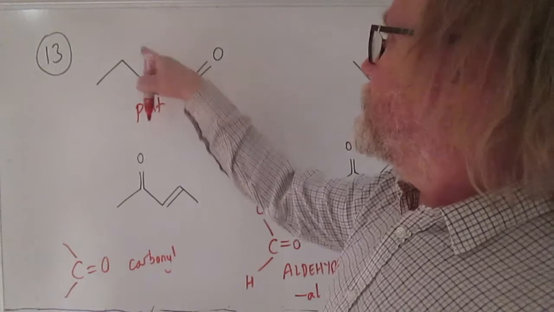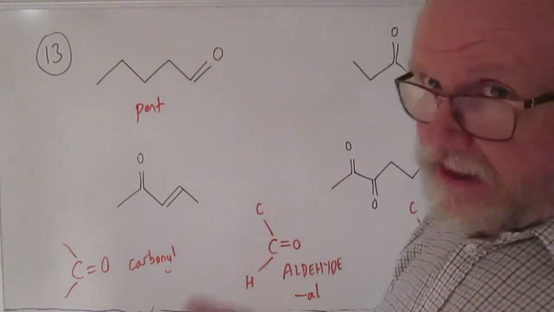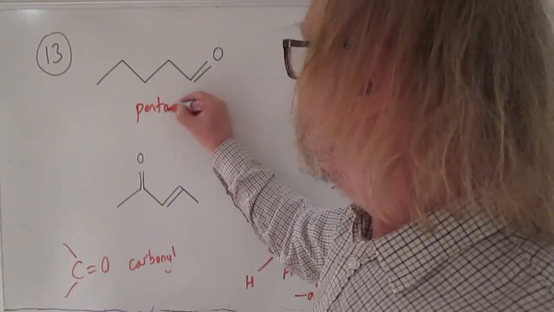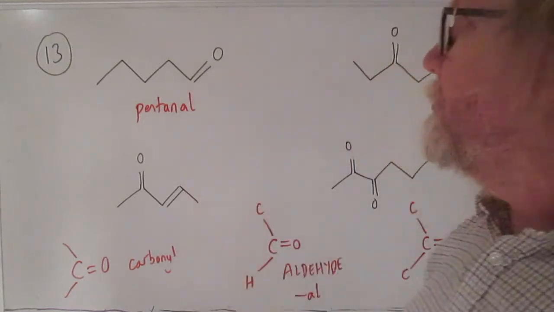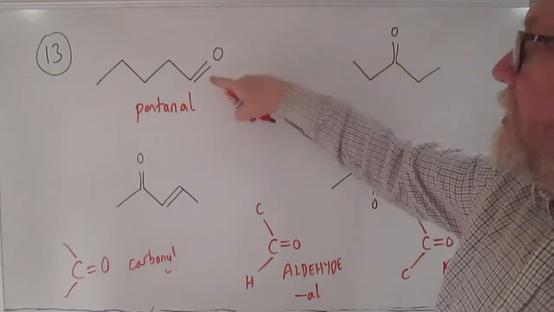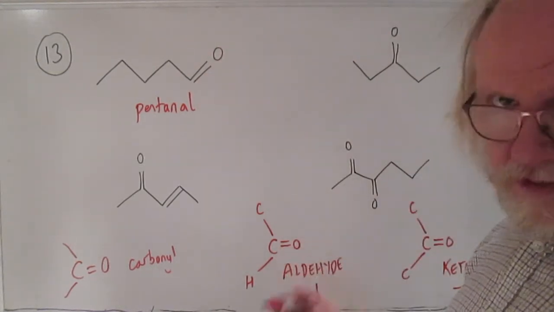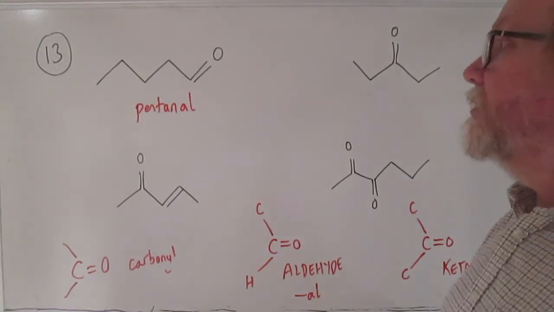It's a saturated chain. Remember, C double bond O doesn't make it unsaturated. It has to be C double bond C. So that's still saturated, so it's pentan. And then we just put al on the end. We don't have to call it pentan 1-al, because by definition, if it's an aldehyde, the carbonyl is at the end of the chain, so it's automatically carbon 1 when you do that. So that's just called pentanal.